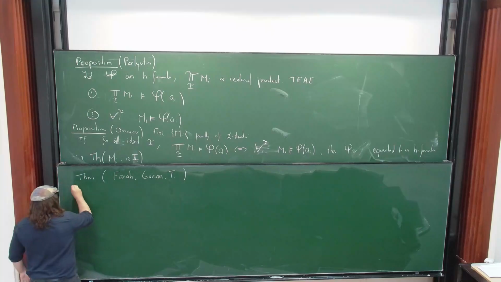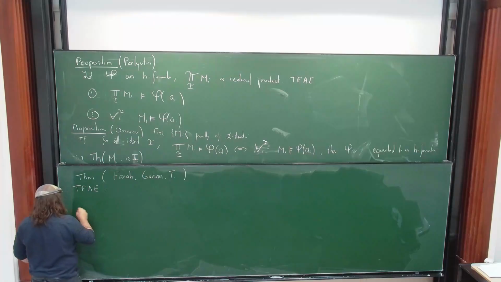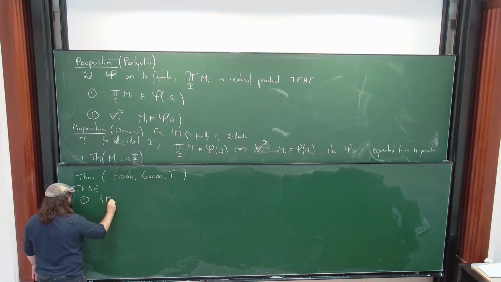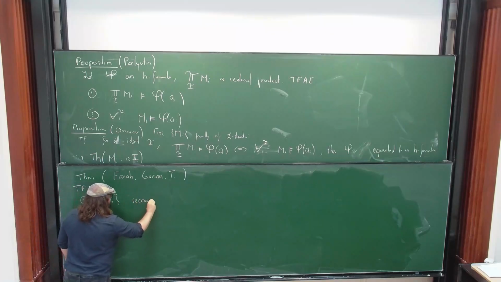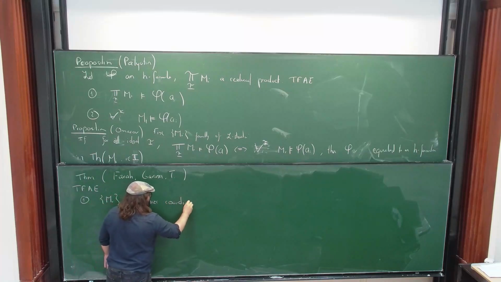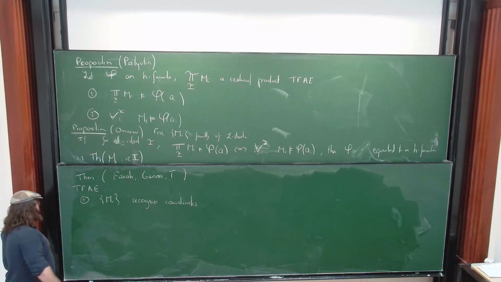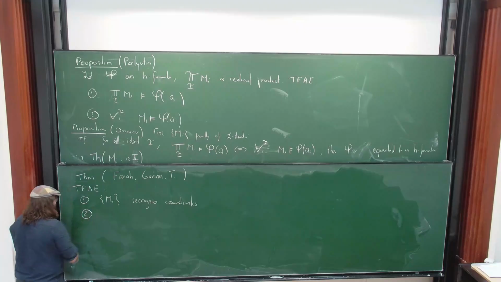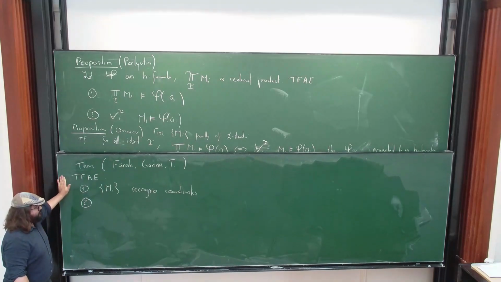The following are equivalent. One, the family of Mi recognizes coordinates. I didn't say what it means. Two, and you can take two as a definition of the first if you don't know the first. I mean, the term is not empty, don't worry. It's going to be a third.